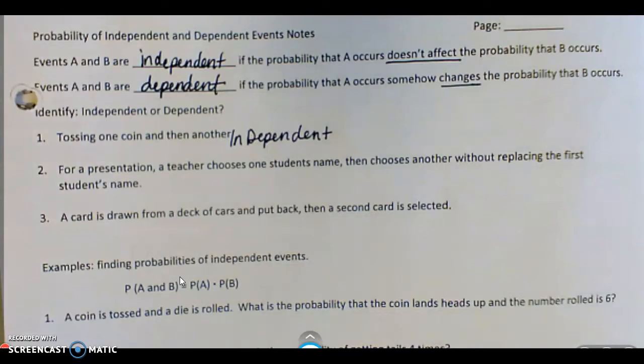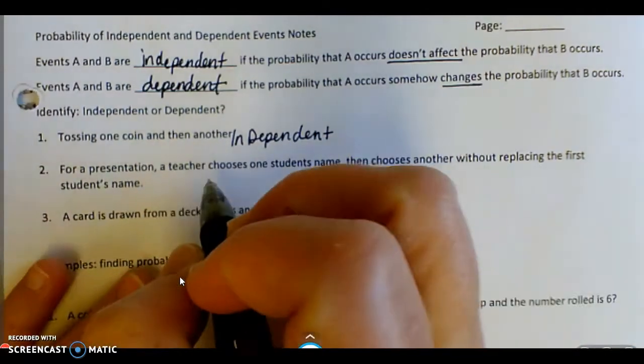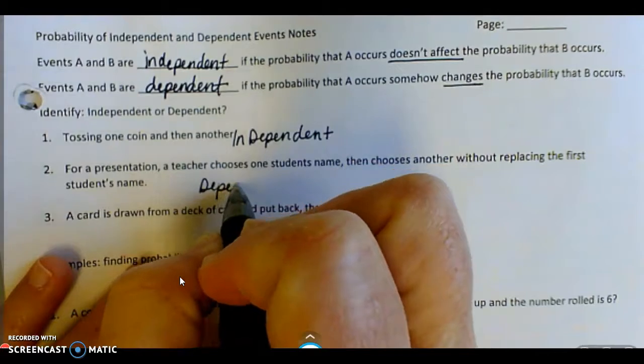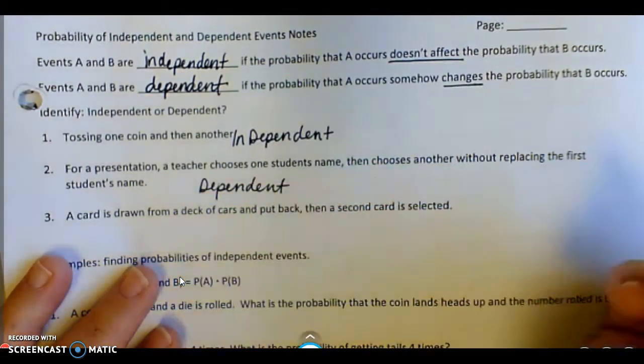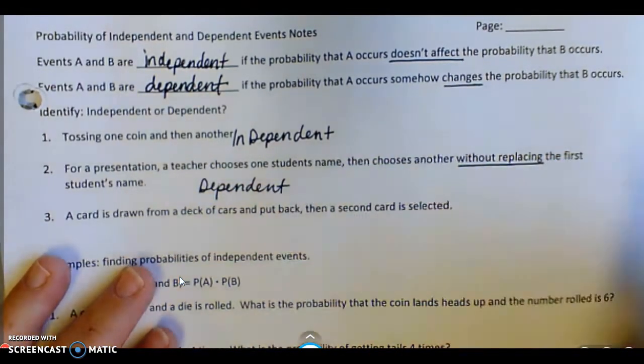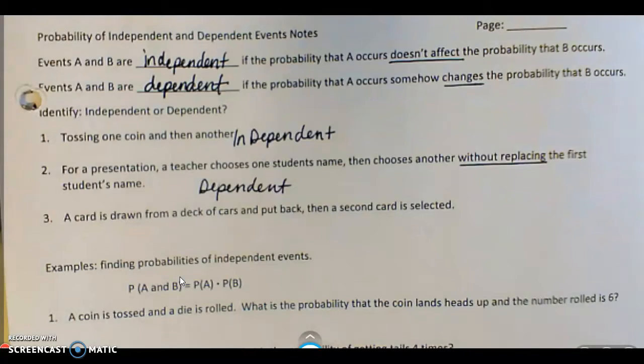Number two, for a presentation, a teacher chooses one student's name, then chooses another without replacing the first student's name. Okay, these two events are dependent on each other, and the reason is because it says without replacing. So if I choose somebody's name, and let's say there's 25 people in the class, the probability of me choosing that person is 1 out of 25.